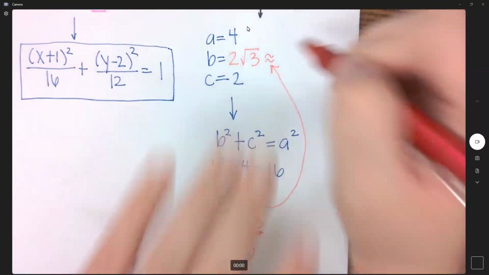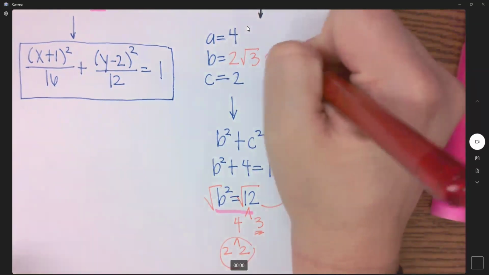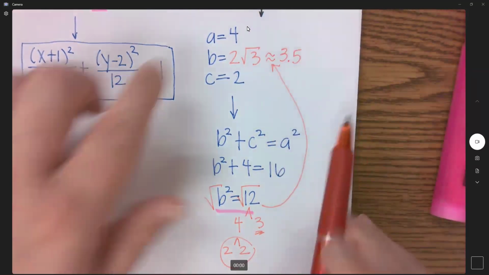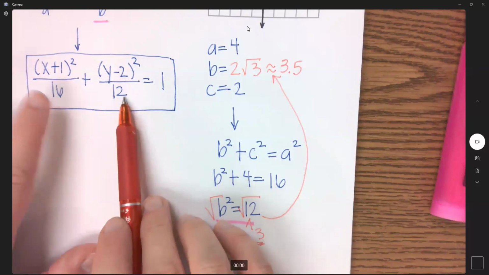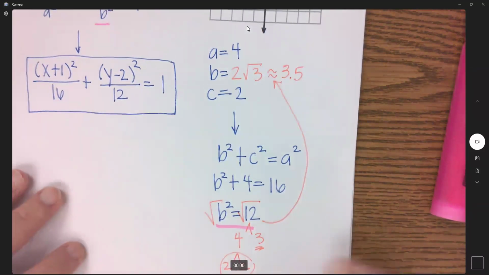But for graphing purposes, that is 3.5. So you can see my major and minor are almost identical. So this is going to be more circular-like. These are pretty close together. Okay, so now I got everything I need.